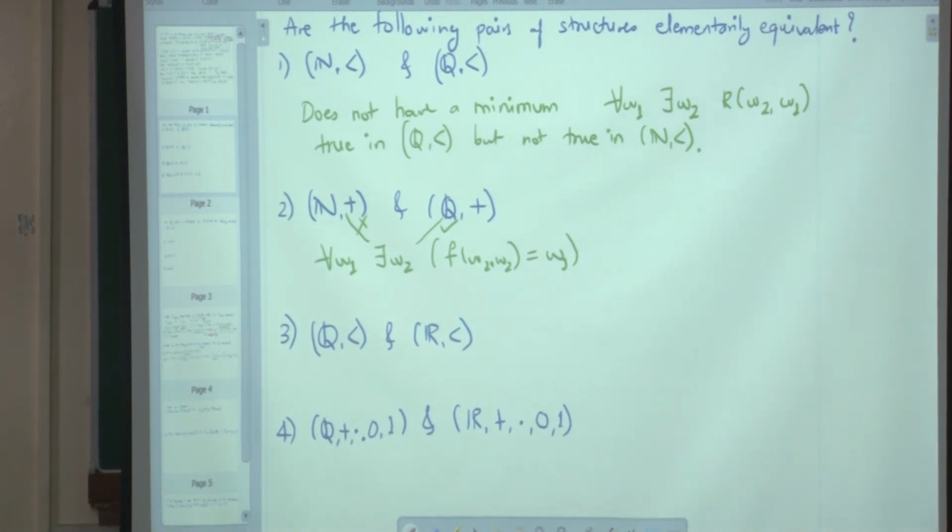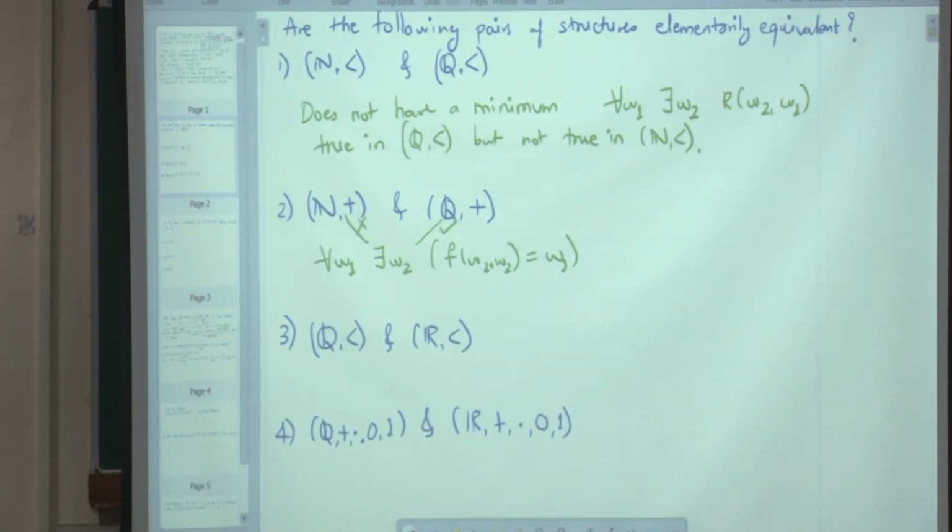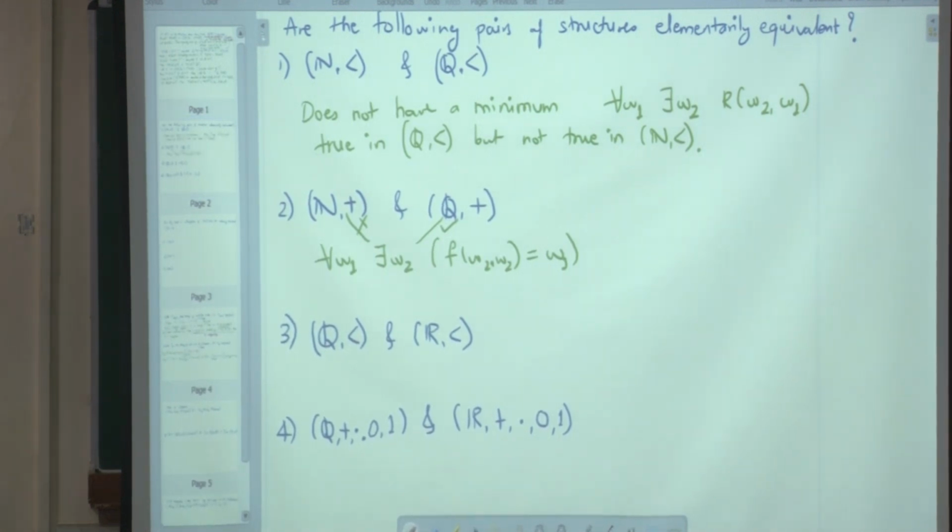Okay, let us go to the third one, rationals and real numbers as orders. They are elementarily equivalent, but right now you do not have the tools to say so. The answer to that is yes, because of gamma DLO unbounded.